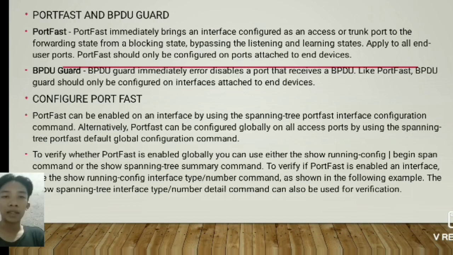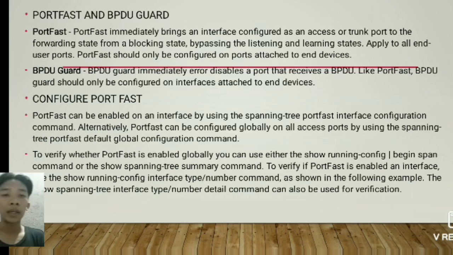Configure PortFast. PortFast can be enabled on an interface by using the spanning-tree portfast interface configuration command. Alternatively, PortFast can be configured globally on all access ports by using the spanning-tree portfast default global configuration command.